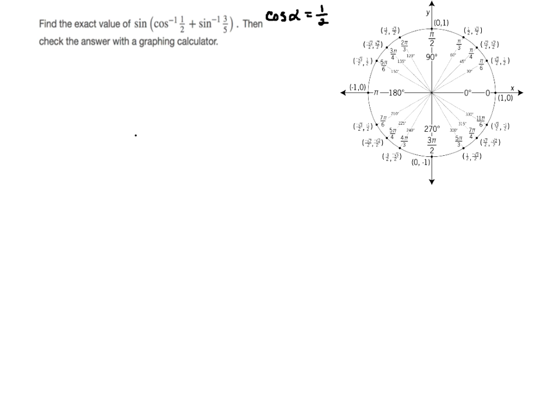Because remember, that's what arc cosine does: if I start with this right here and I take the arc cosine, that's going to give me alpha. So because of this, I know that. And because of this, I know that the sine of beta is equal to 3/5.